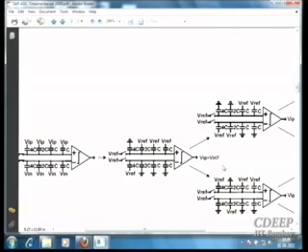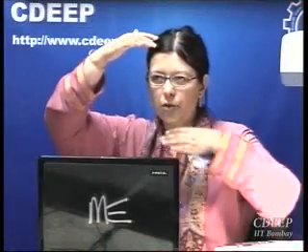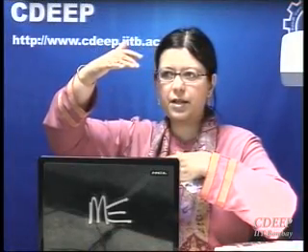Now what they are saying is that because you now have double the capacitor arrays, you need to do switching twice for each half. It unnecessarily creates a lot of switching and a lot of dynamic power dissipation.